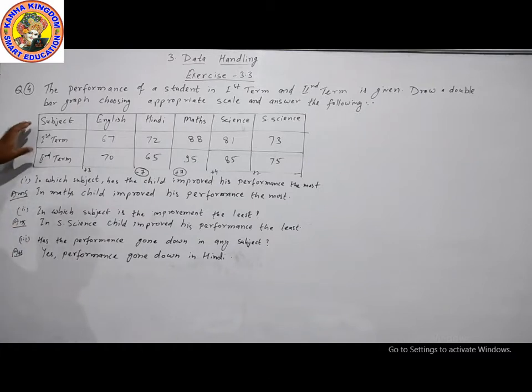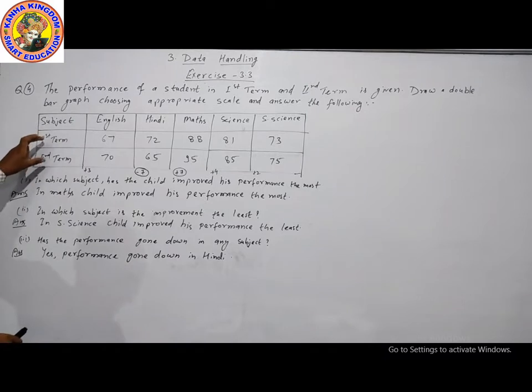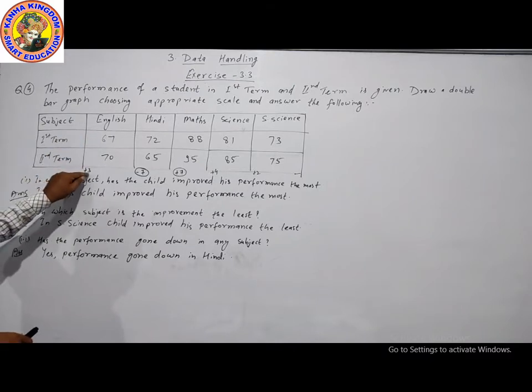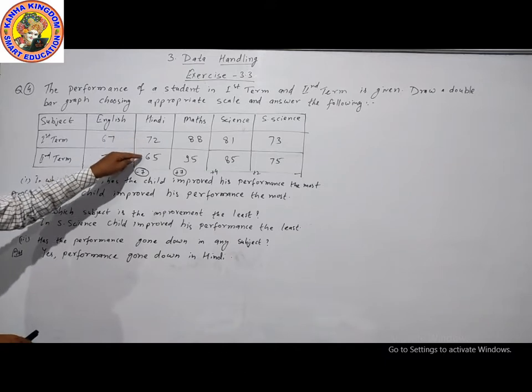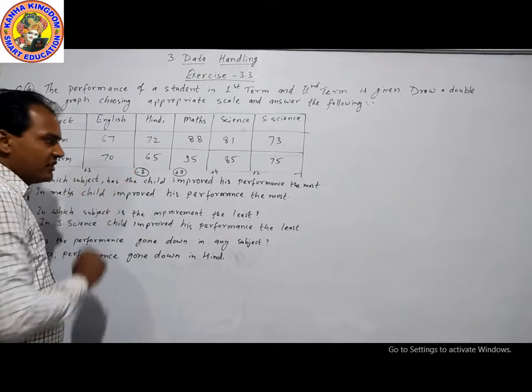Let's see the table again. Subject is English. In English, first term and second term marks are 67 and 70. The performance will increase by 3 marks. In Hindi, first term 72, second term 65. The performance goes down by 7 marks.